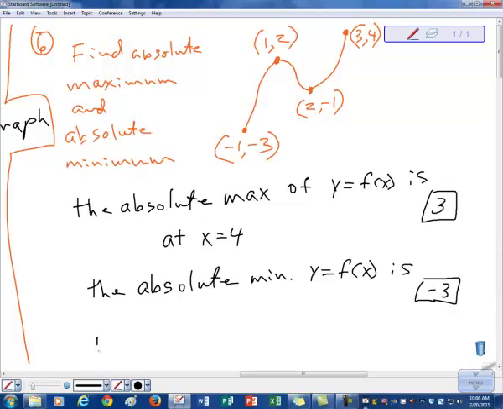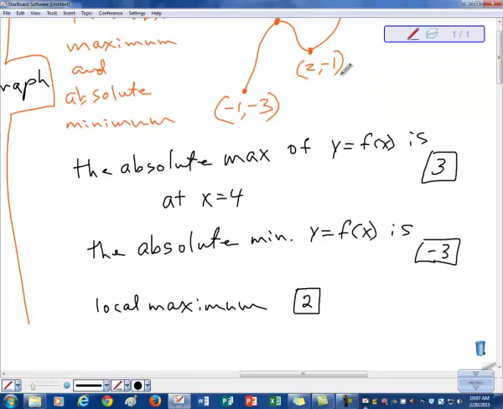Now how about the local maximum? What's that? Local maximum, that's where the curve comes up, reaches a peak, and then comes back down. So local maximum is different than absolute maximum. So local maximum there, you should have said 2 at x equals 1.